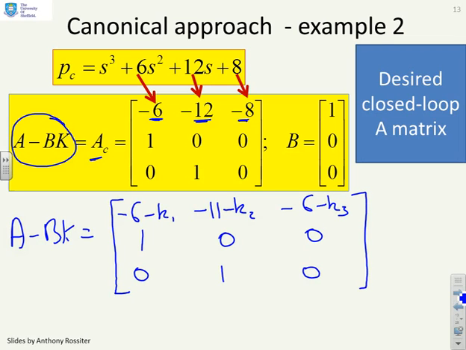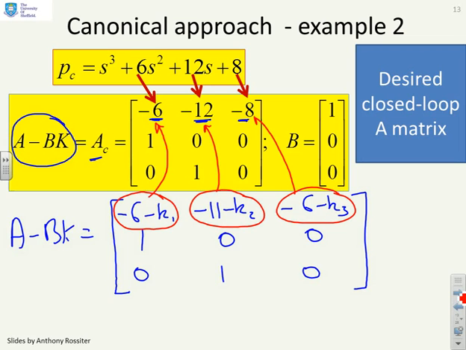So all I need to do now is match up this coefficient, which has to be 6, this coefficient, which has to be 12, and this coefficient that has to be 8. And so what you'll find is you get K1 equals 0, K2 equals 1, and K3 equals 2. So K has got to be 0, 1, 2.